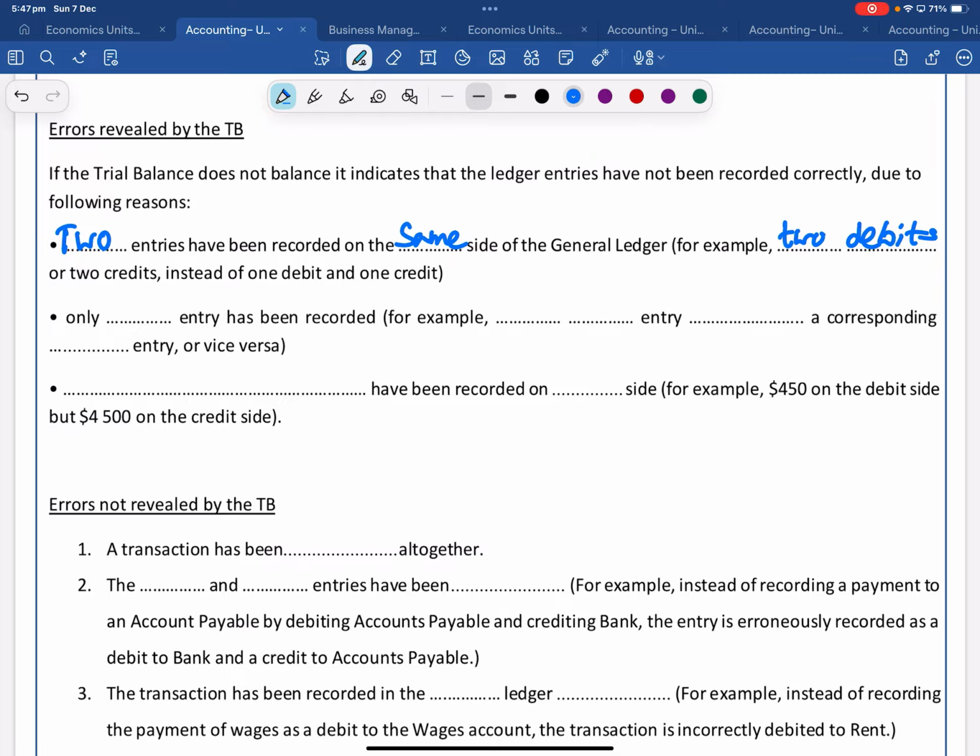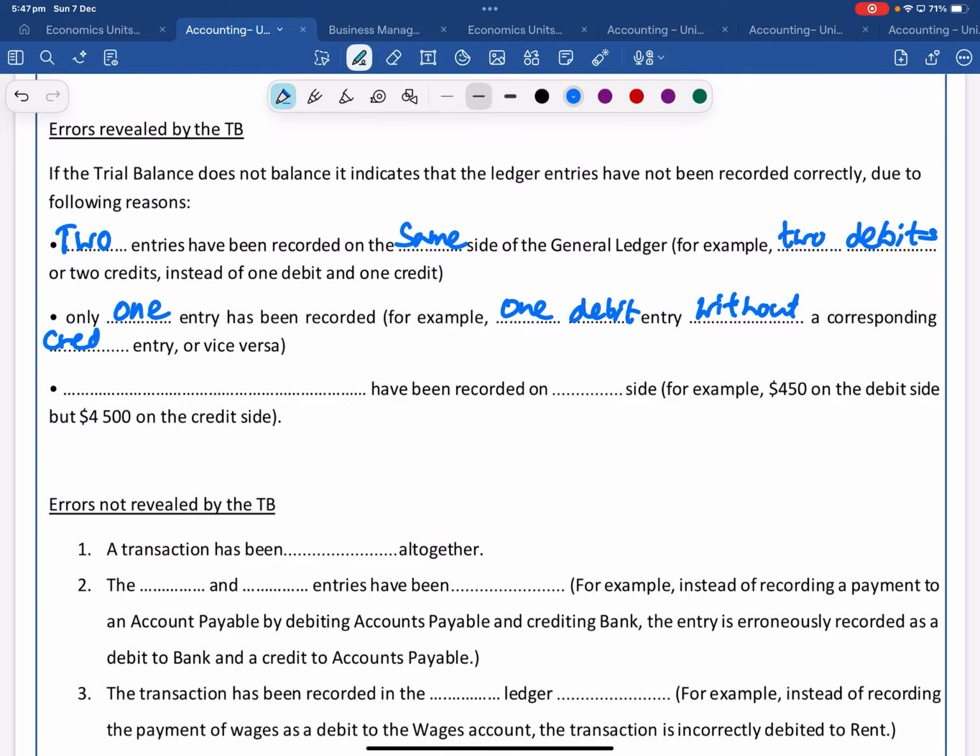Make sense? Next one. Only 1 entry has been recorded. For example, 1 debit entry without a corresponding credit entry, and vice versa.